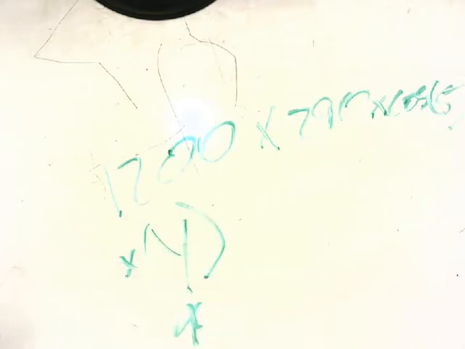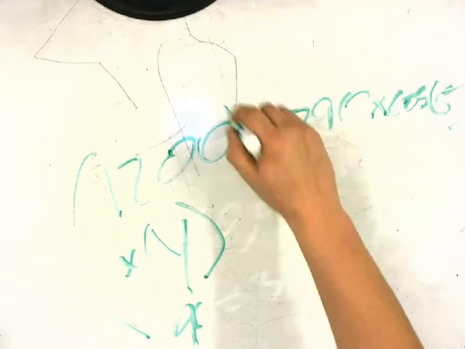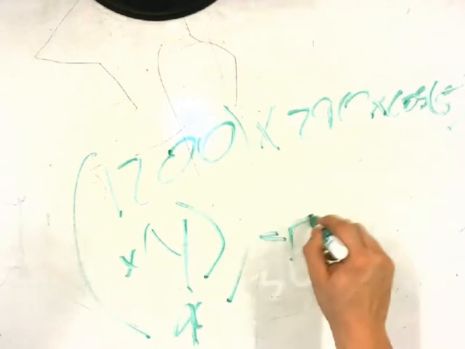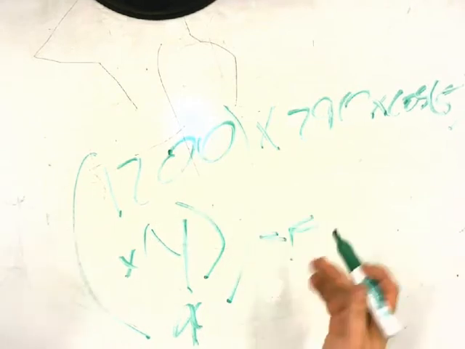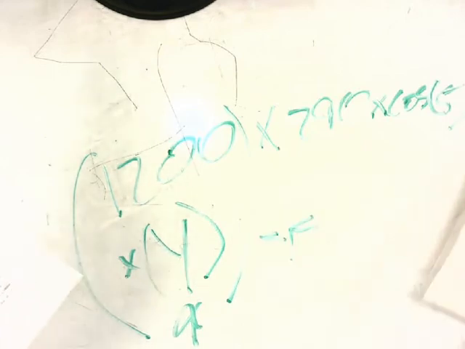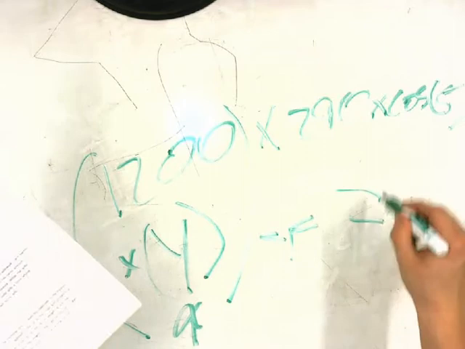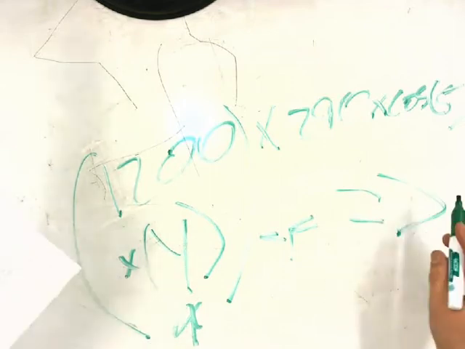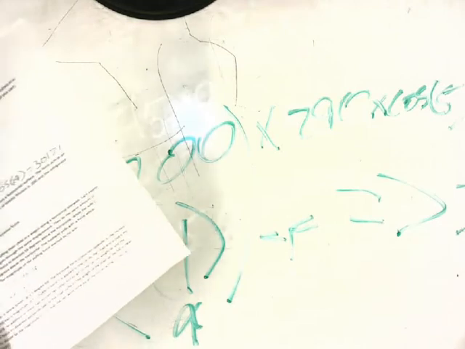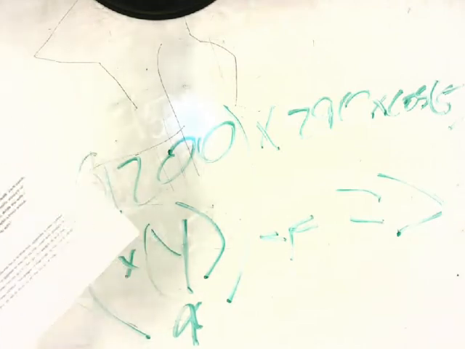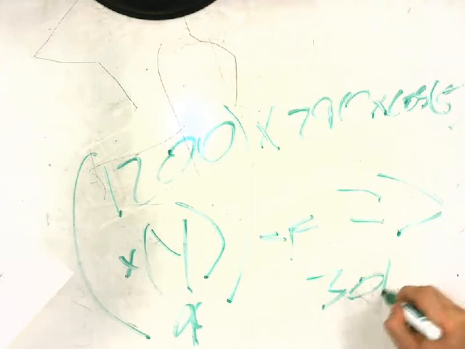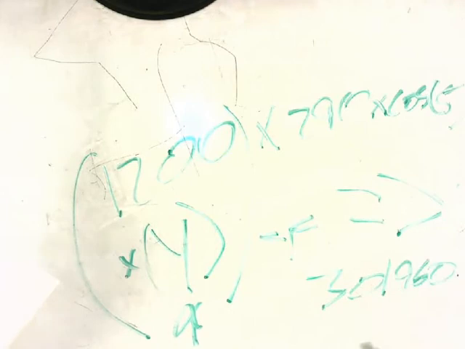Y is the acceleration we need to find, because when we have these two, we get force. Since we don't know what y is, we can't know what the force is. But we do know that the total work is equal to 301,960. So we know that's the total joules we're looking for.